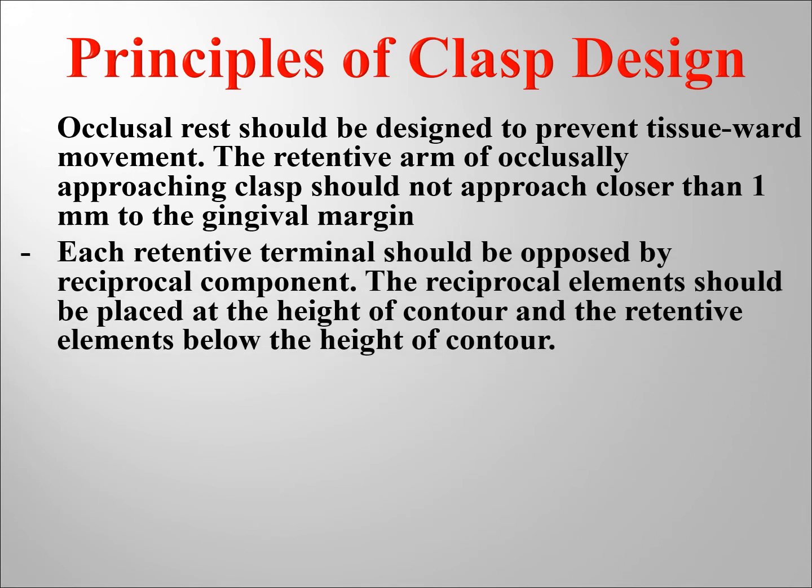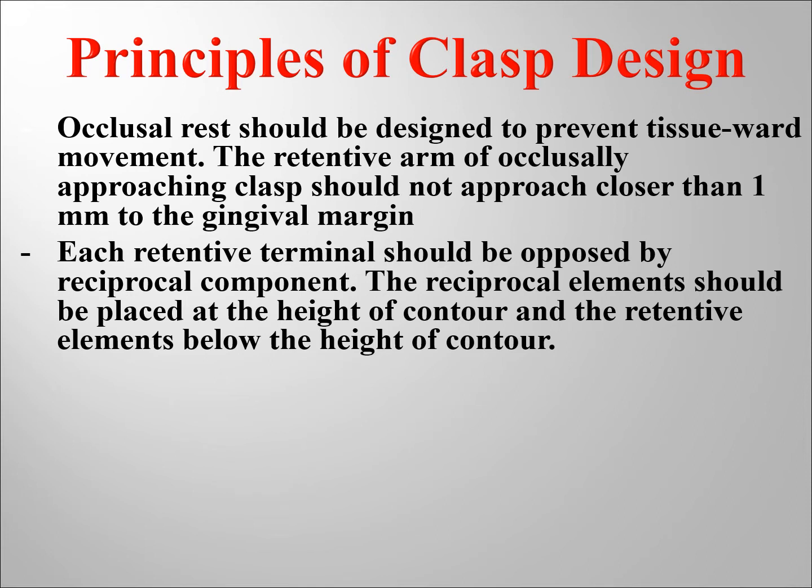Also, usually each retentive terminal should be opposed by a reciprocal component. Now, the reciprocal component is provided at the height of contour, and the retentive element should be below the height of contour or the survey line.